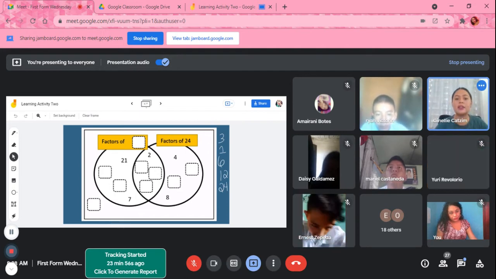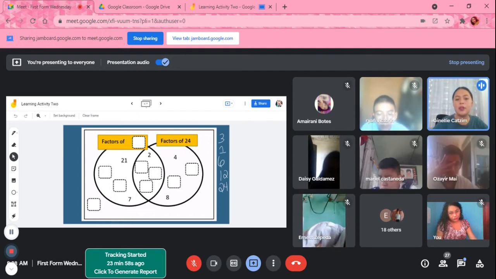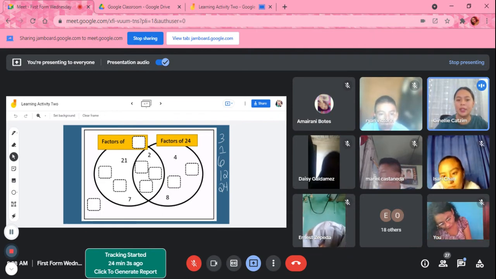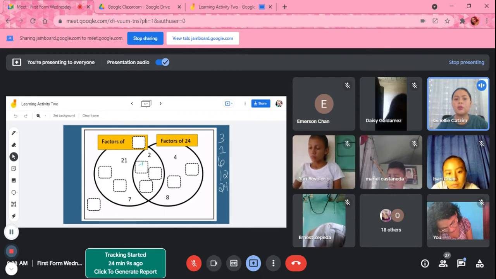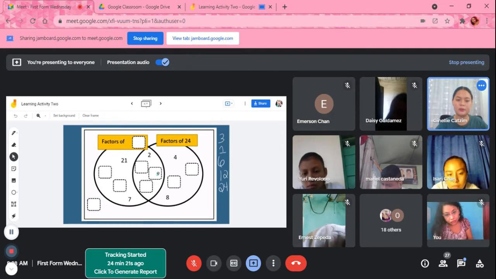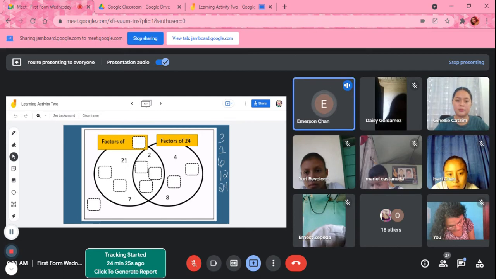So we need to take a close look. Just by looking, we can see that 1 will go in the middle, right? Because it's a factor of both, so we can put 1 there. But how can we know what other factors go in the center? A student suggests we can put the factor of 42.